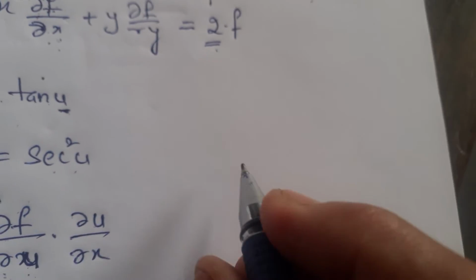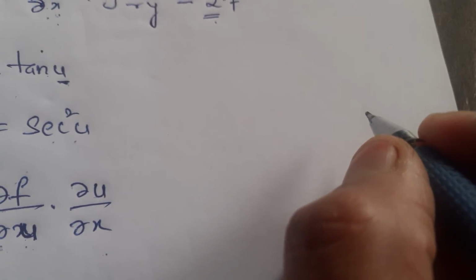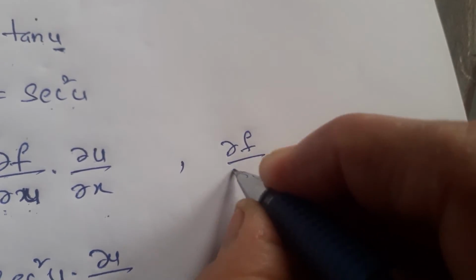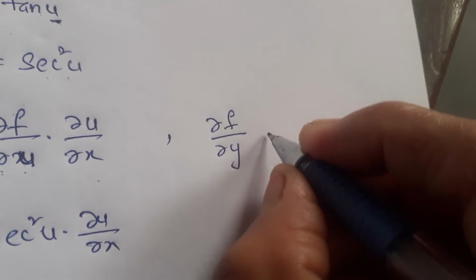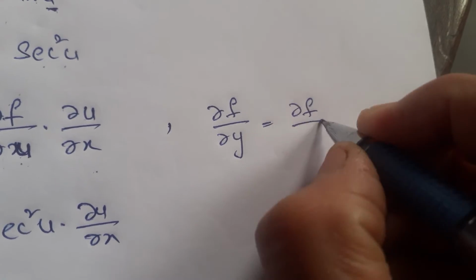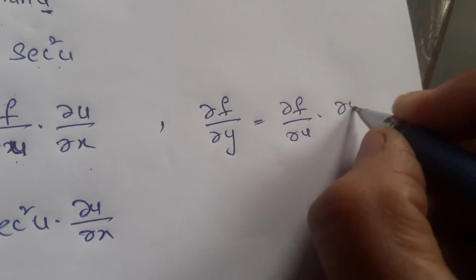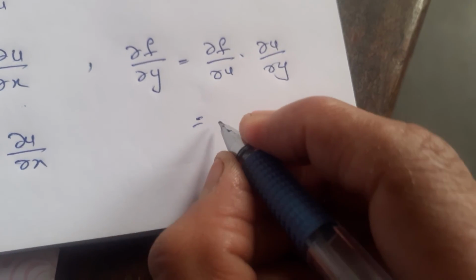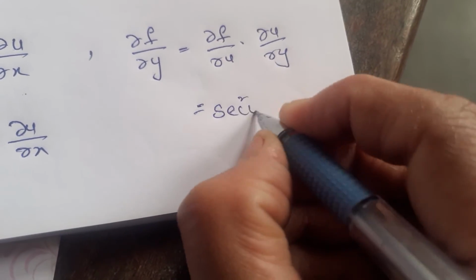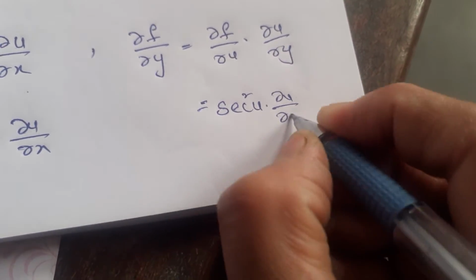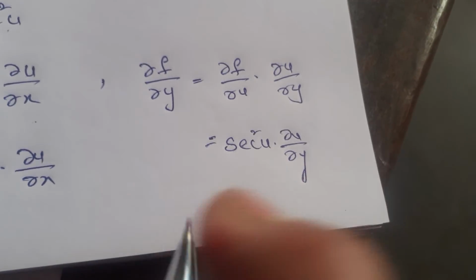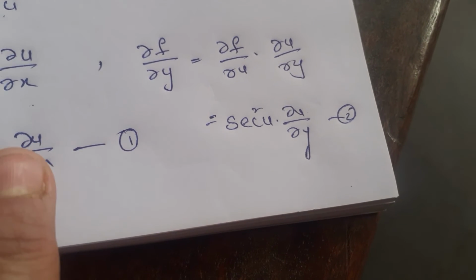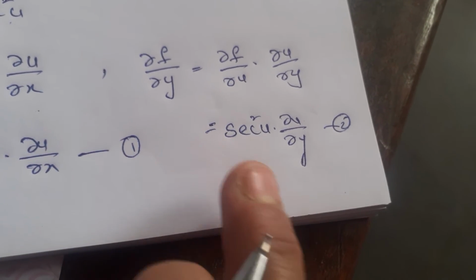In the same way, I have to find ∂f/∂y, which is nothing but ∂f/∂u into ∂u/∂y. In place of ∂f/∂u, I substitute sec² u, giving sec² u ∂u/∂y. I take this as 1 and this as 2: ∂f/∂x and ∂f/∂y.